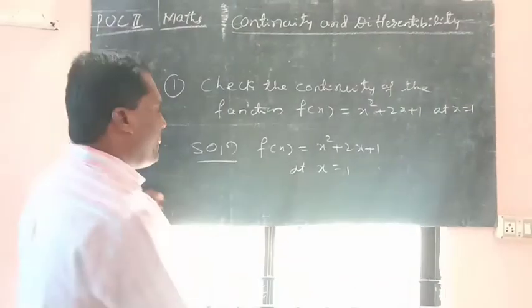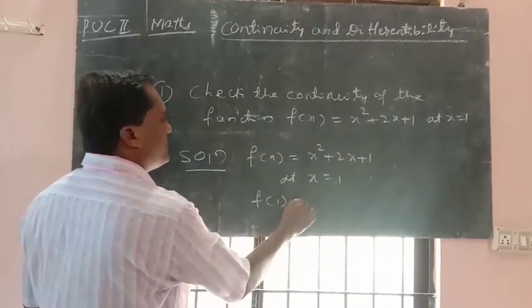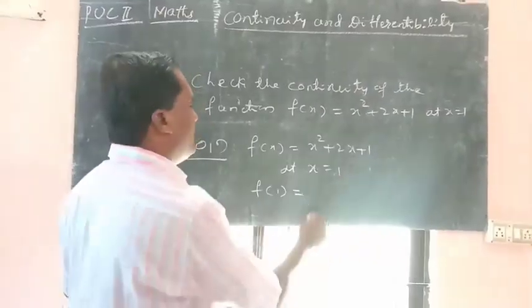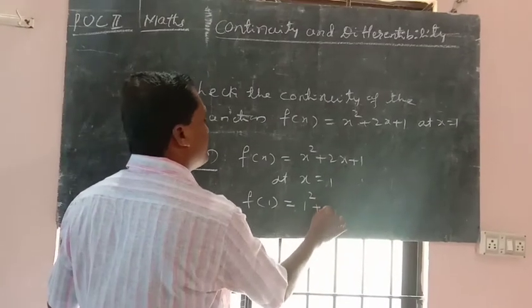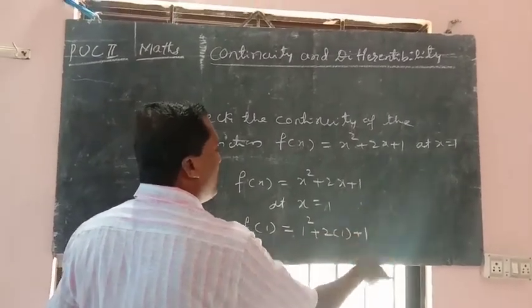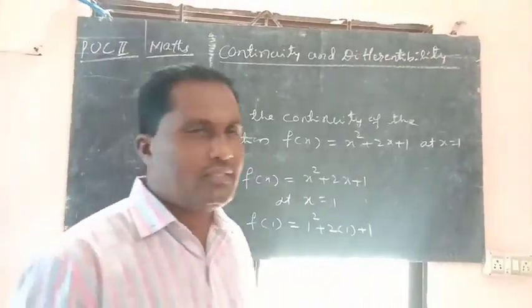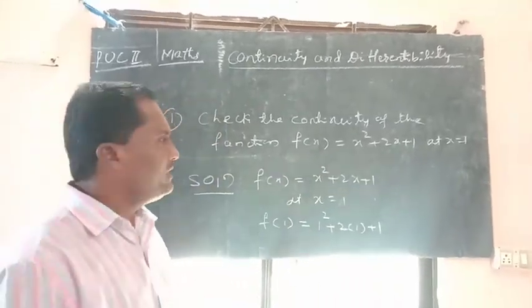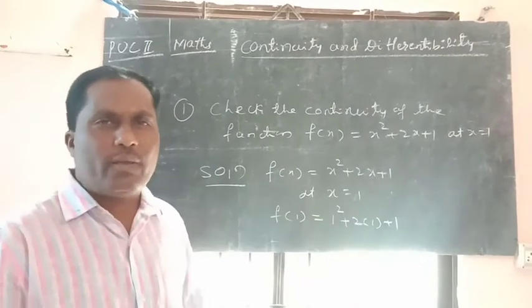Suppose I say f of 1, instead of x you substitute 1. What is that? 1 square plus 2 into 1 plus 1. Because you are PUC second year students, I write in direct steps. This is a 1 mark question or new type question.